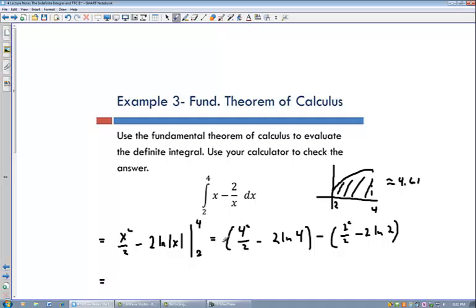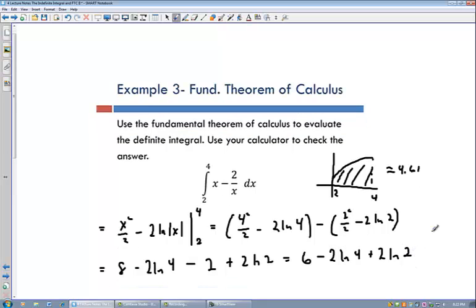And so this is going to equal 16 over 2, which is an 8, minus 2 ln of 4. And then minus, you have 2 squared, which is 4 over 2, so minus a 2. And then minus a minus is a plus 2 ln of 2. And this is equal to then 6, because 8 minus 2 is 6. And then you have minus 2 ln of 4 plus 2 ln of 2.